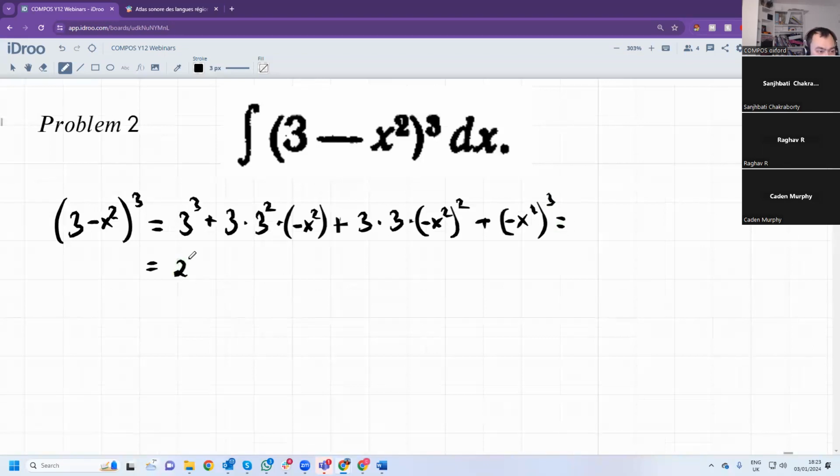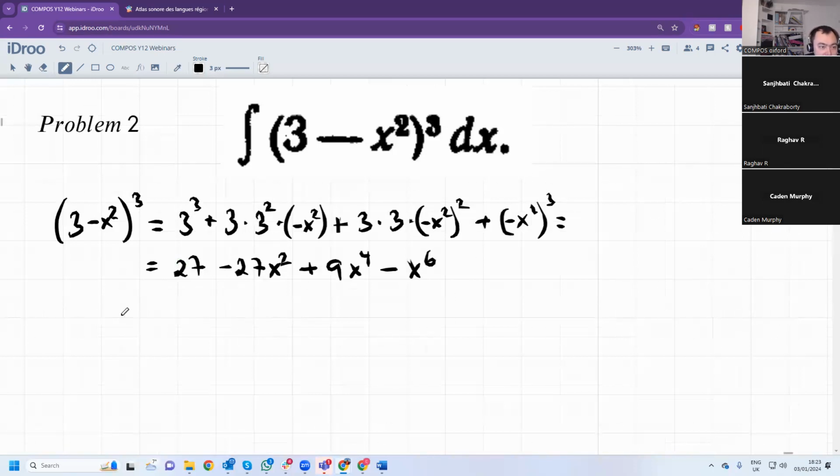And 3 cubed is 27. That's minus 27x squared. This is plus 9x to the power 4. And this is minus x to the power 6.